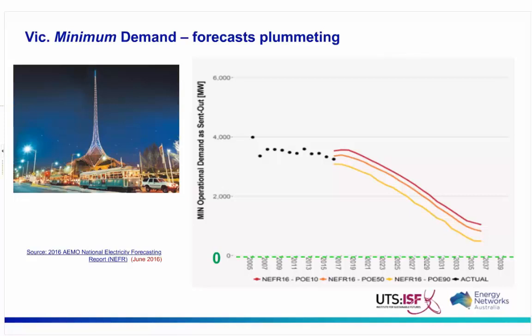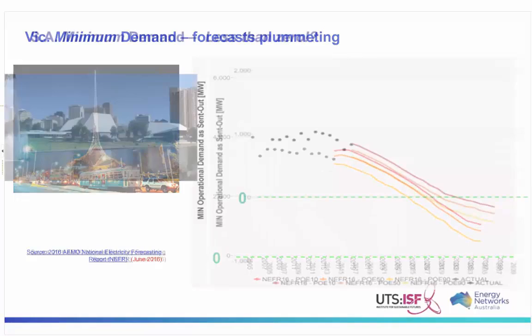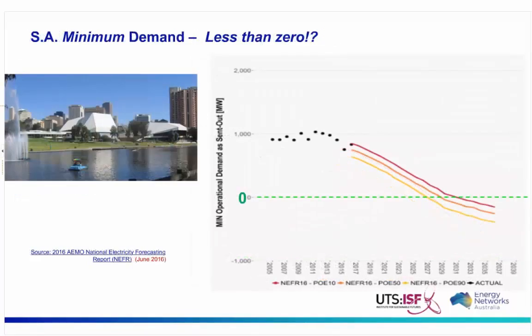And to make the point even more dramatically, if we look at South Australia, over that forecast period, by about 2030, there's an expectation that the total net demand on the grid in South Australia will actually fall into negative territory. That because of the contribution of solar PV, there will be more power being generated by consumers than is needed by the entire state.